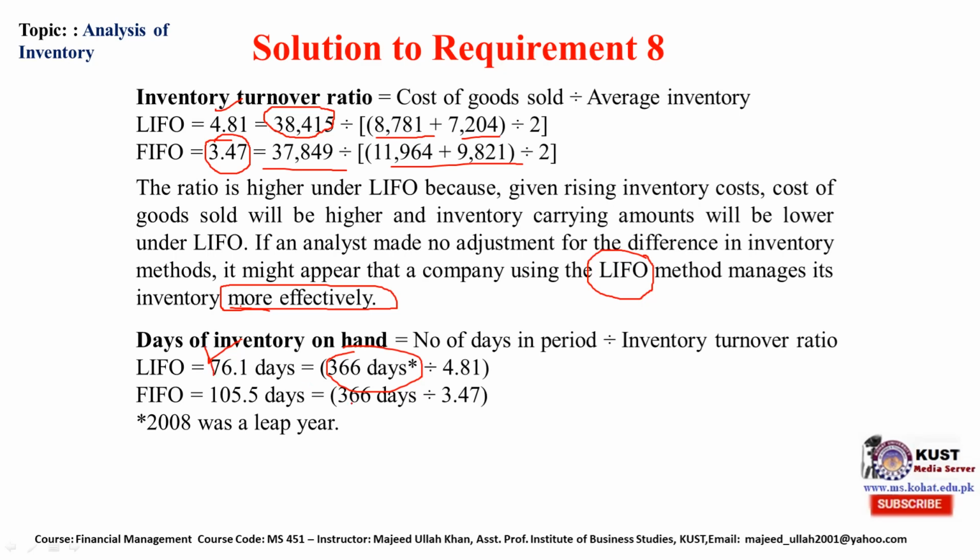But 366 under FIFO method divided by 3.47, it takes 105.5 days to convert its inventory into cash. So it seems apparently that LIFO method is best in handling inventory, but it is a method. It is not actually that they are handling the inventory in an effective manner.